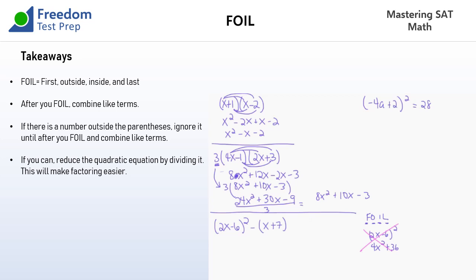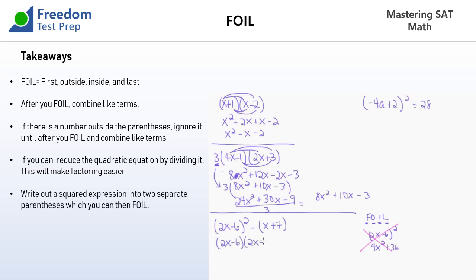What you need to do is write it out into parentheses. We've got 2x minus 6 times 2x minus 6. And then we add on the rest of the problem, right? The negative x plus 7. Okay, so again here, we're foiling.